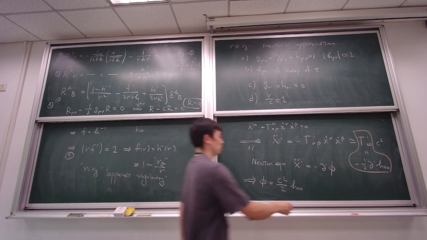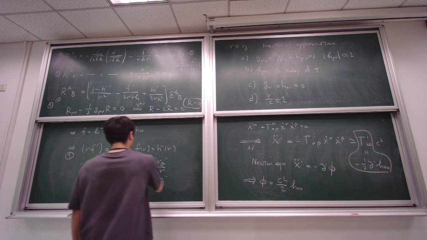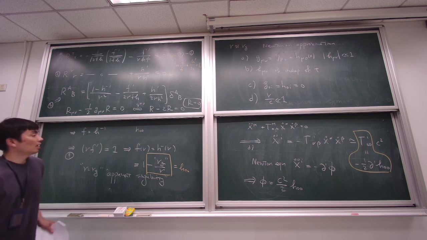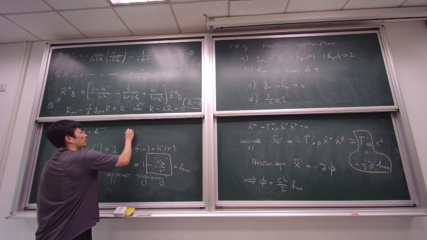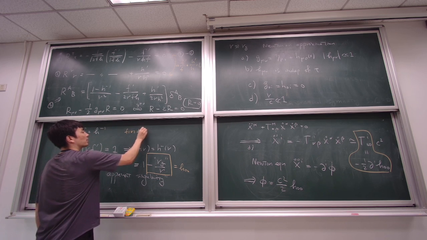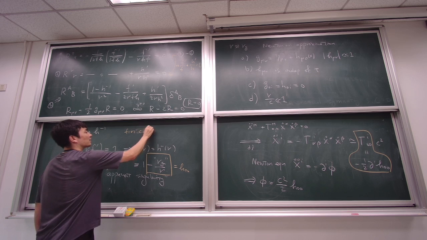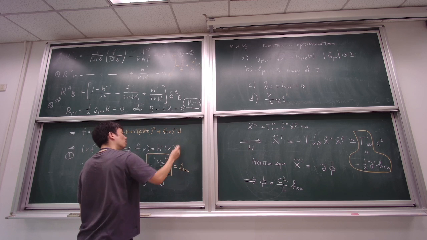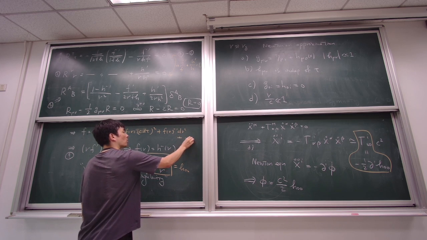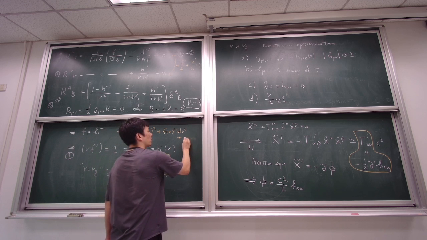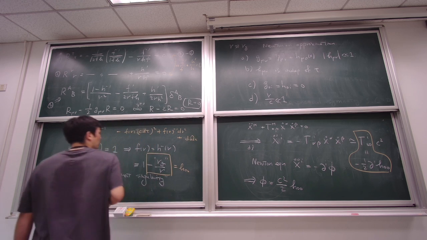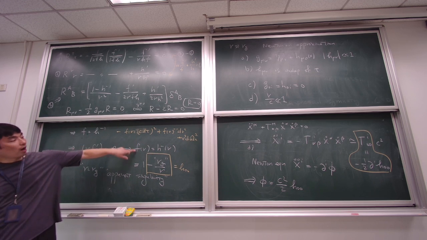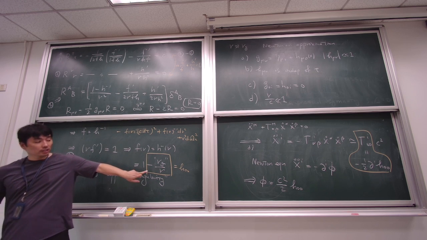It comes from the metric, where we assume f of r c squared dt squared, and f of r inverse dr squared, plus r squared d omega squared, and so on. The deviation of f of r from 1 is in fact h00.